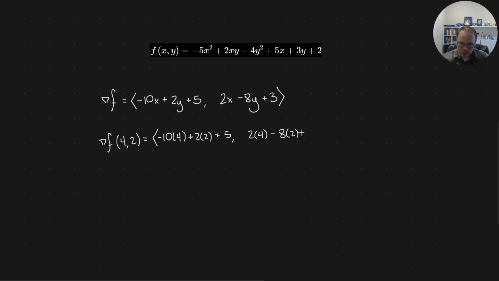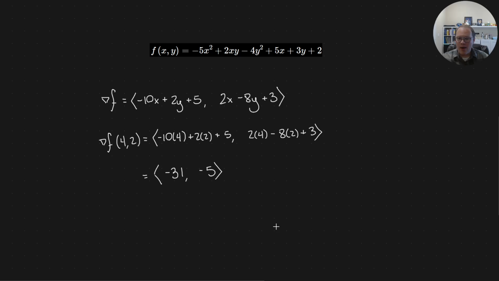And I get, for the first component, negative 40 plus 4 is negative 36, plus 5, negative 31. Okay. For the second component, 8 minus 16 is negative 8, plus 3 is negative 5.